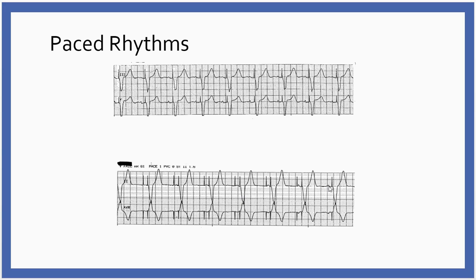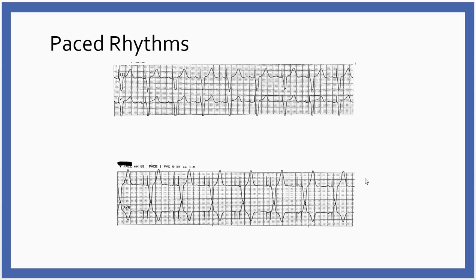So the pacer inhibits, and it doesn't send out a pacer spike for the atria. It didn't need to. But it watches for that prescribed length of time, and because the impulse didn't travel to the ventricle, it's going to go ahead and pace the ventricle. And so that's why here we only have ventricular pacing, because we didn't need atrial pacing.